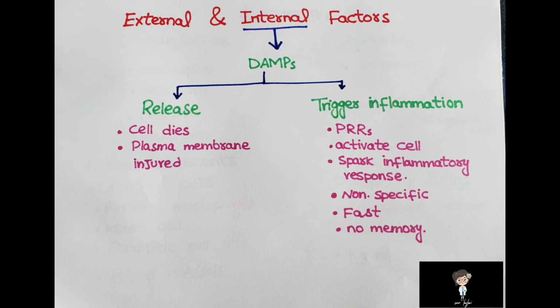PAMPs and DAMPs are recognized by pattern recognition receptors or PRRs that are present on the surface of leukocytes, which activate the cells and spark an inflammatory response. Key features of this response are that it is non-specific and super fast, occurring in minutes to hours, and finally there is no memory associated with innate responses.